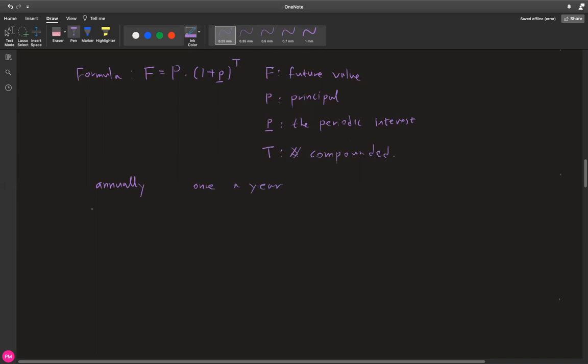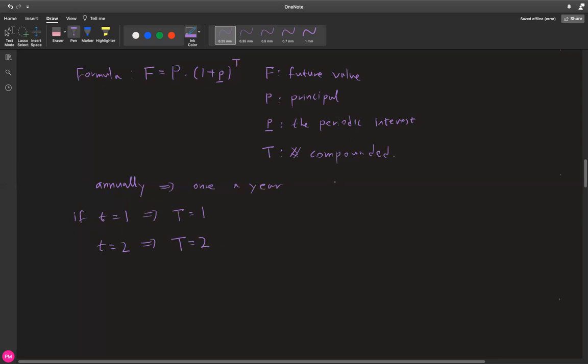That means if T is 1, in other words, if it's only for 1 year, then capital T is 1. But if T is 2 years, it's also being compounded twice.